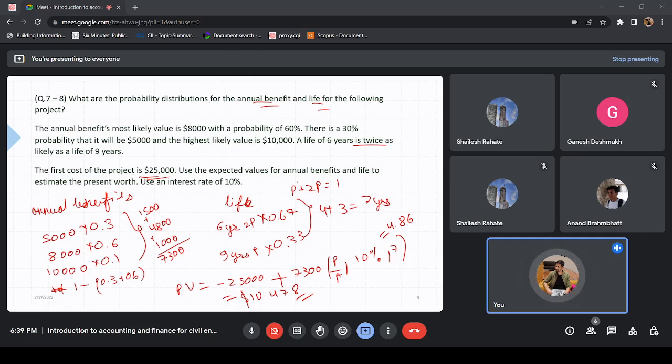So you calculated both the things, probability distribution for each, right? And you also calculated the present worth. So now my question to you is, is this the right way to go, or is there any way that you can get a different present value or something more accurate?